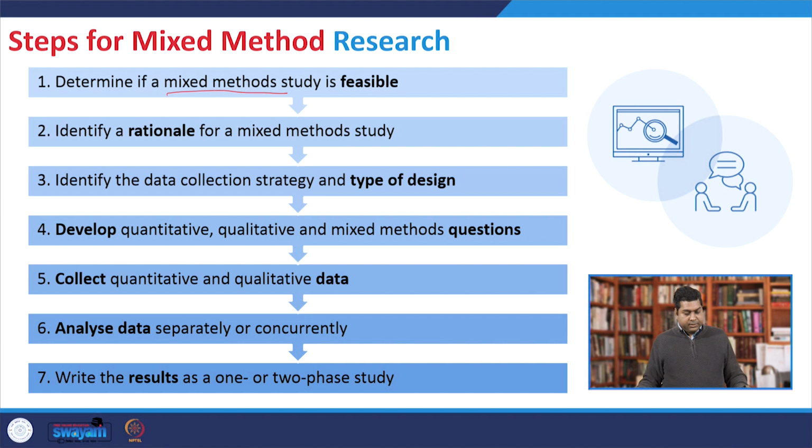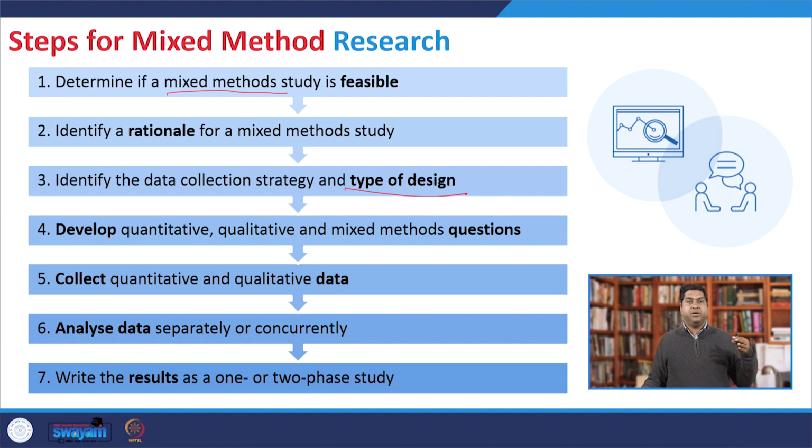Third stage is to identify the data collection strategy and type of design. So this type of design, like what kind of mix we are looking for, how quantitative and qualitative methods can be mixed, and also the data collection, because we have discussed in detail in different case studies that depending on your research method, your type of questions will also change.